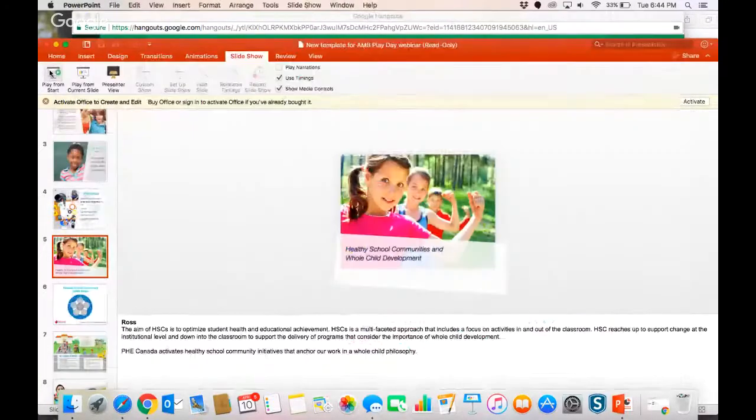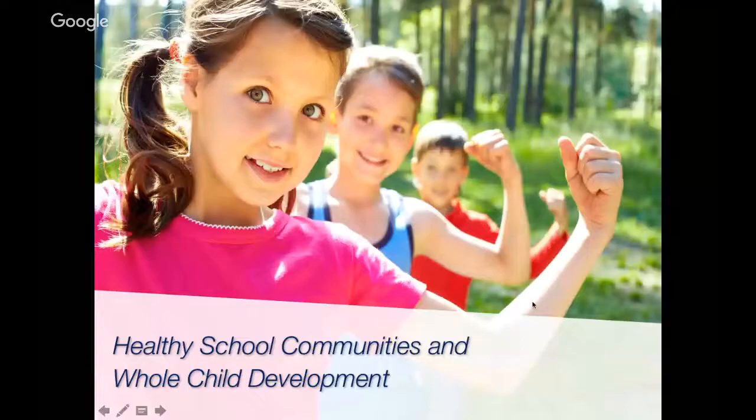So the healthy school communities model, it's a multifaceted approach that includes a focus on activities in and outside of the classroom. So it reaches up to support change at the institutional level down to the classroom to support the delivery of programs that consider the importance of whole child development.